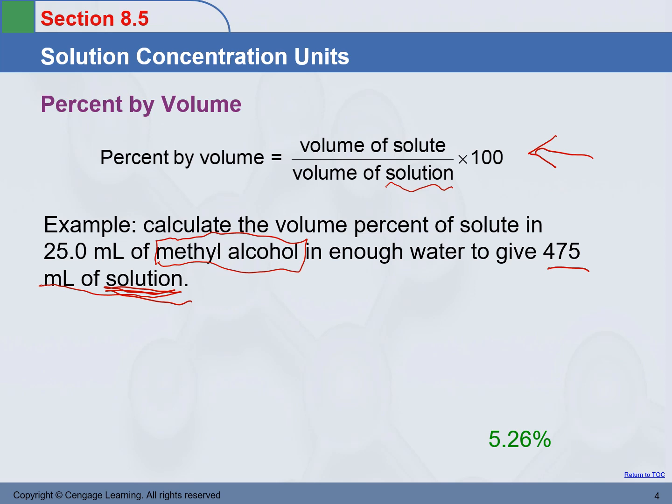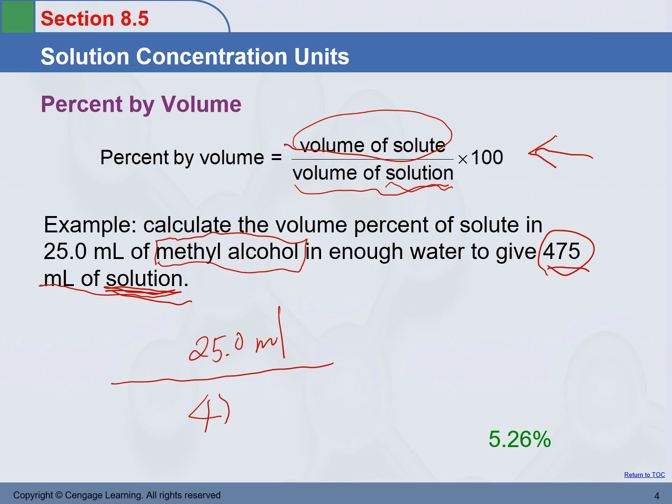Percent by volume equals the volume of solute, which is 25.0 mL in this case, divided by the volume of the solution. The volume of the solution is 475 mL. Why don't we add 475 and 25 together?